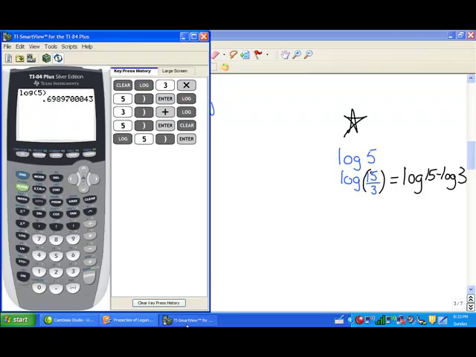So now let's pull that up on the calculator, taking the log of 15 and subtracting the log of 3. Notice that those values are going to be the same, rounded to 3 decimal places, 0.699.